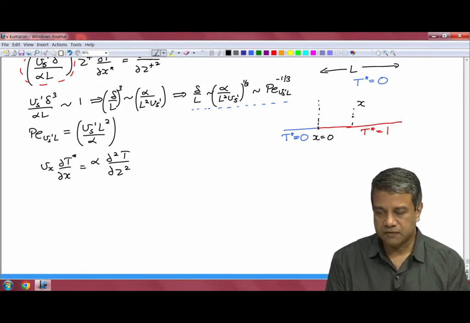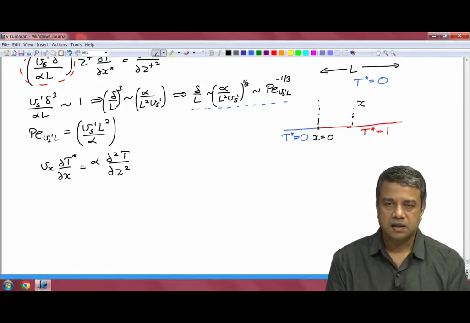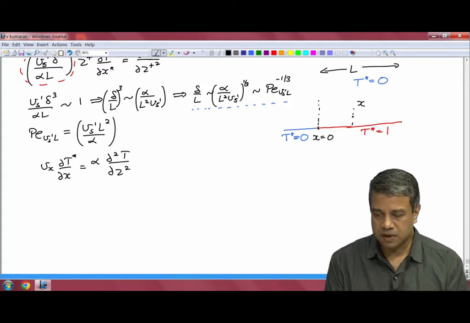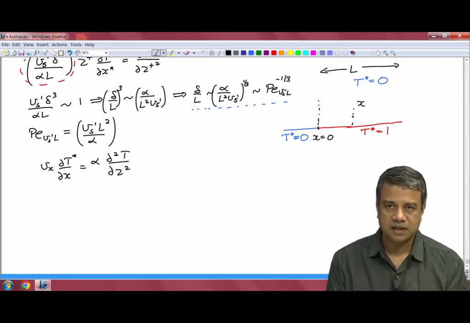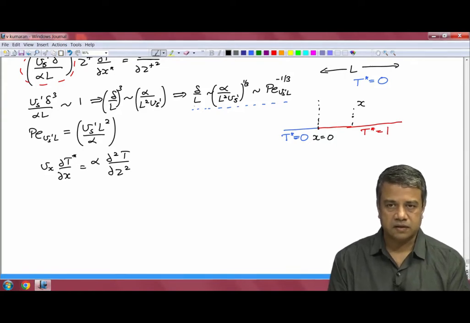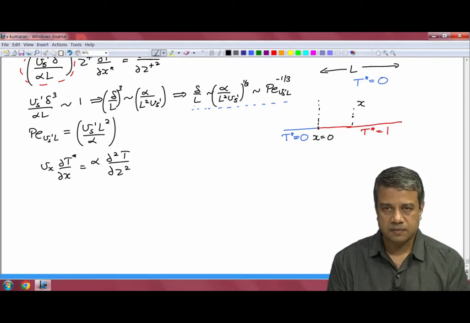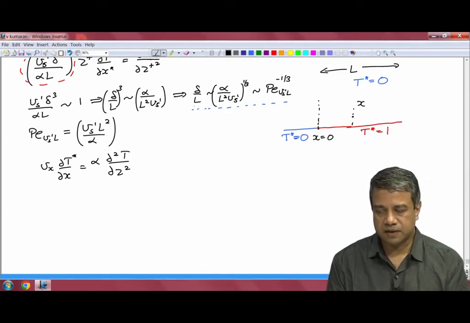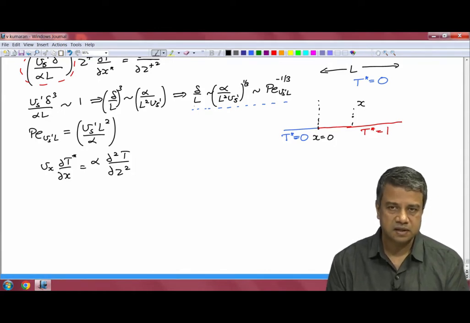At a given location x, the temperature at that location should not depend upon the total distance L, because the downstream edge of the heated section is downstream of this region. Convection is downstream, and therefore, there is no way for the temperature field downstream to affect a location x, which is upstream.